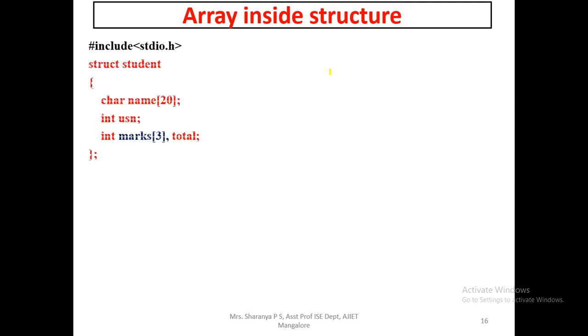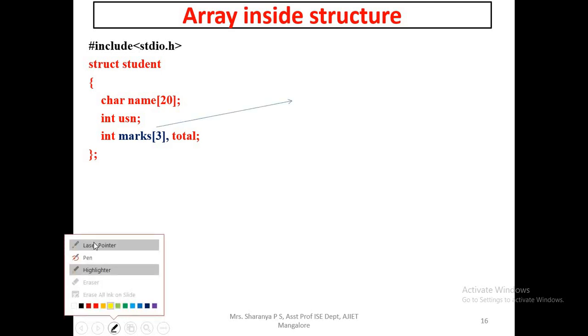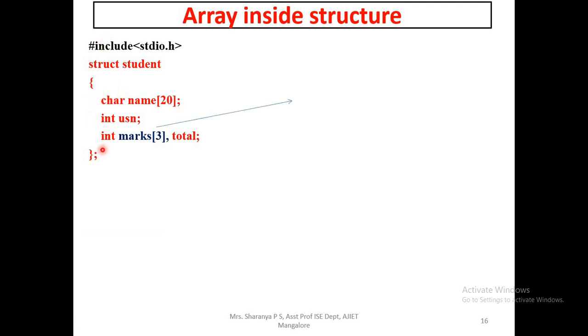If we look at the example here, we start with the structure student, which will contain three different members: name, USN, and marks.